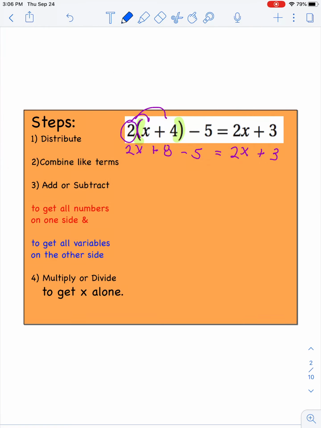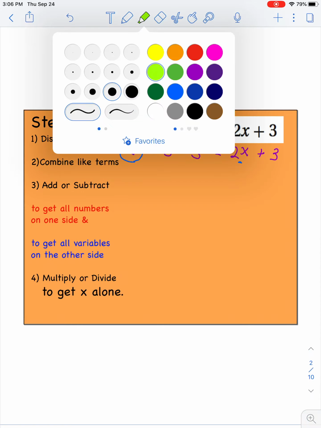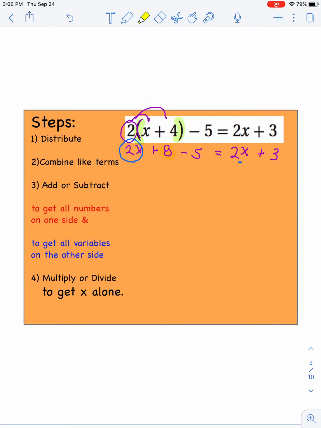So when I combine like terms, the 2x right here can't be combined with anything else on that side. I can't combine it with this 2x over on the other side because they're not on the same side of the equal. I'm going to have to add or subtract to move them together and get them on the same side. But I can combine the 8 and the negative 5 together.